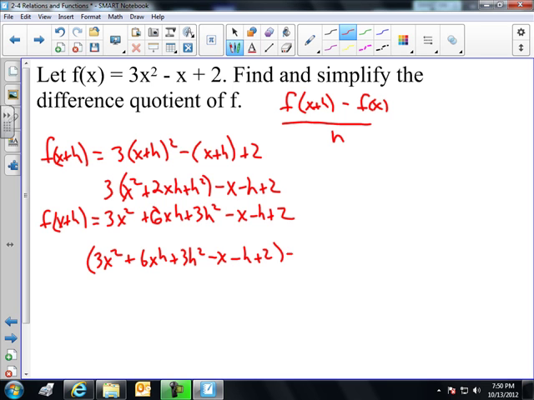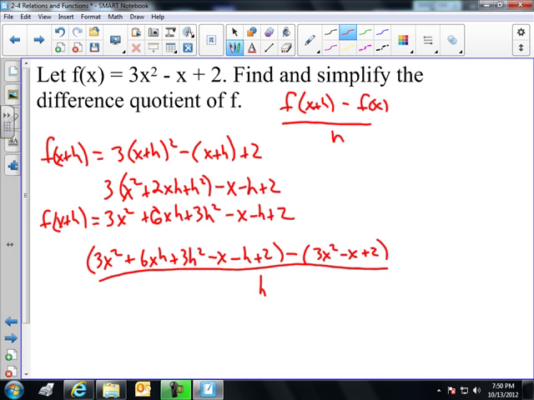Minus f of x, which is the function that we were given already. So that's the quantity of 3x squared minus x plus 2. And all of that is simply over h. It's always over h. So let's see what happens here.